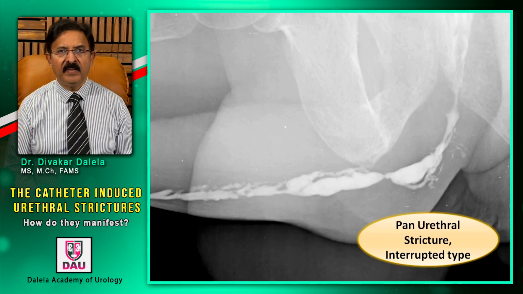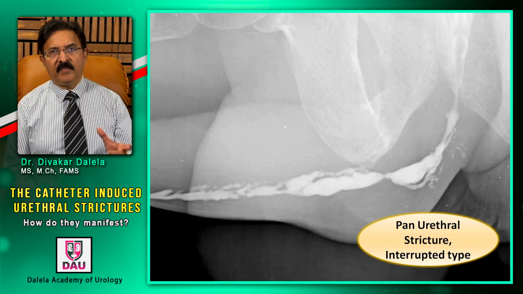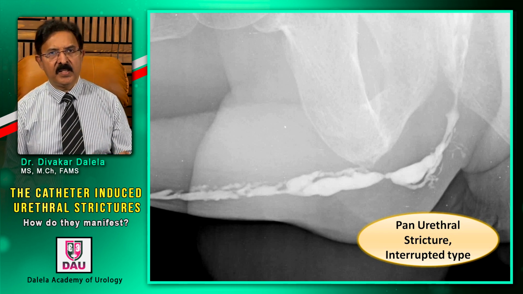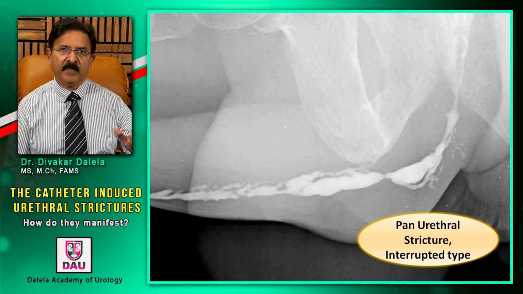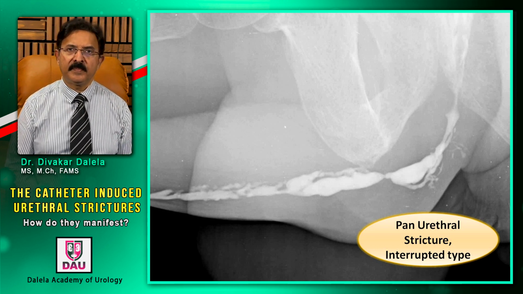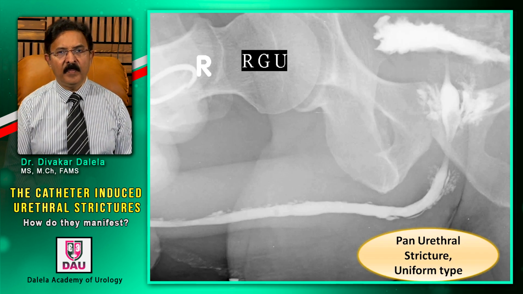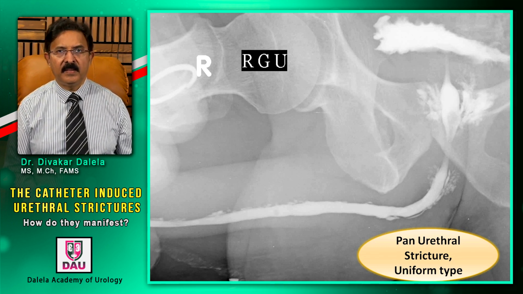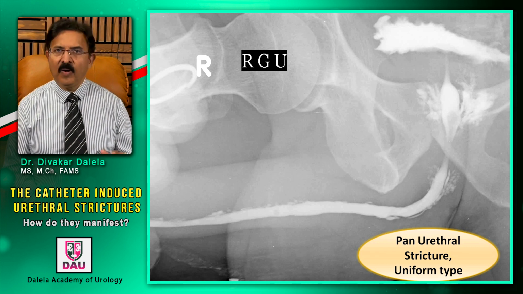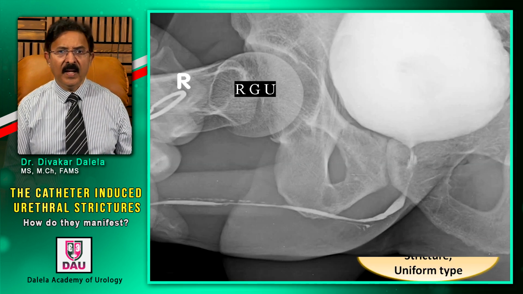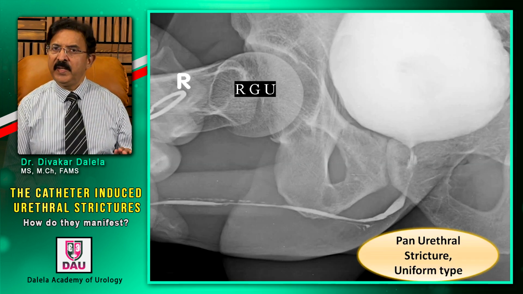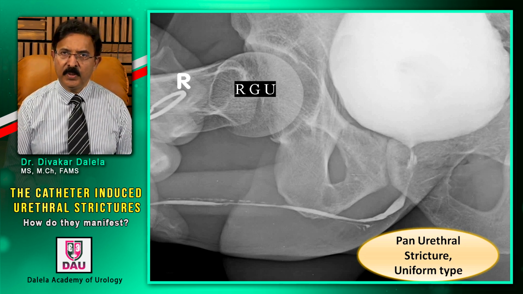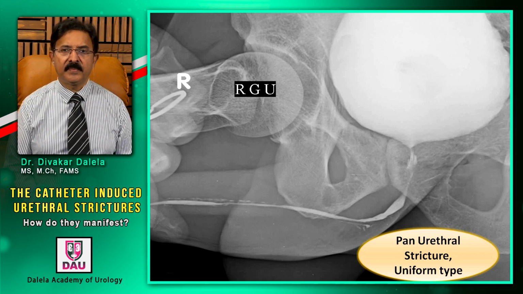Or you can have a picture like this where one part of the urethra is more involved, the other part is less involved, and you have multiple strictures interrupted by a segment of apparently normal looking urethra. You can also have a pattern where the entire urethra is involved uniformly. The caliber is dropped uniformly all across, and such patients have a narrowed urethra uniformly all along. This is pipe stem urethra as a result of the catheter.